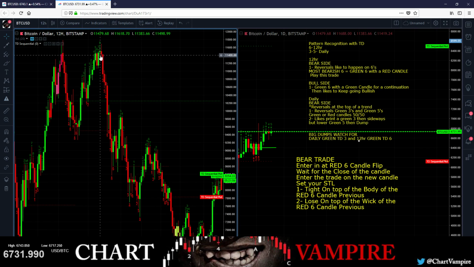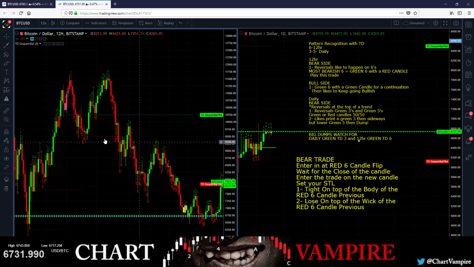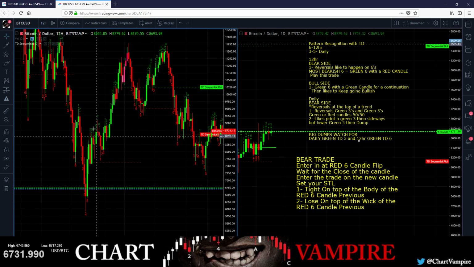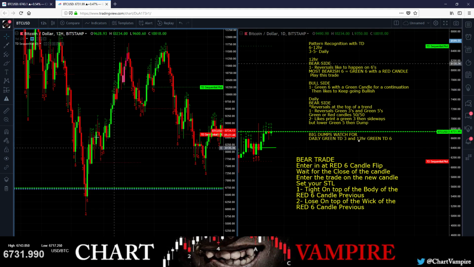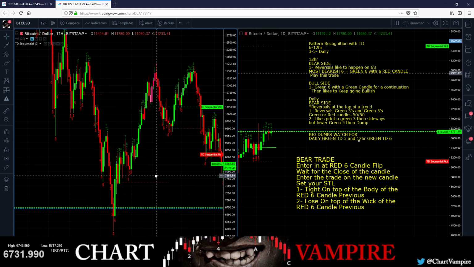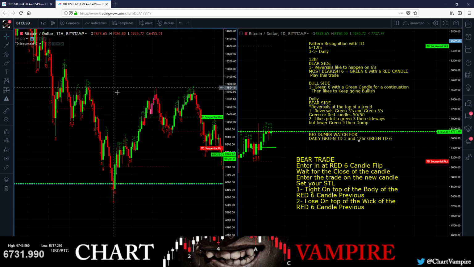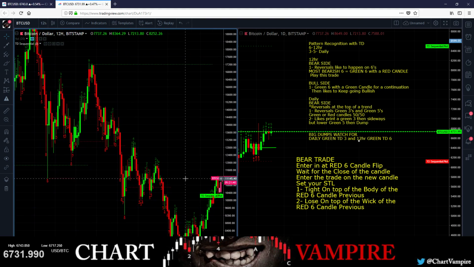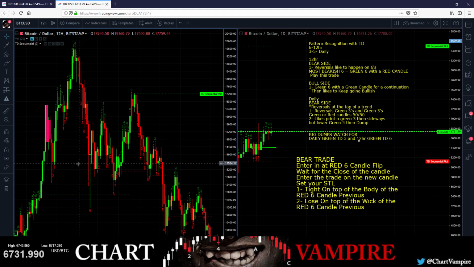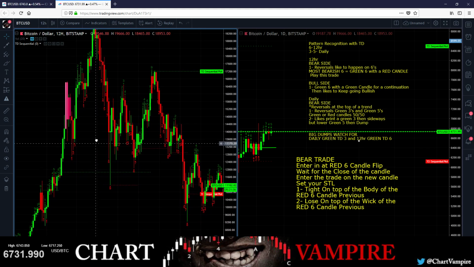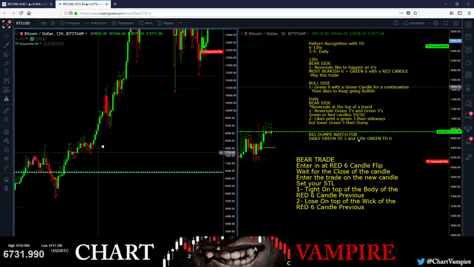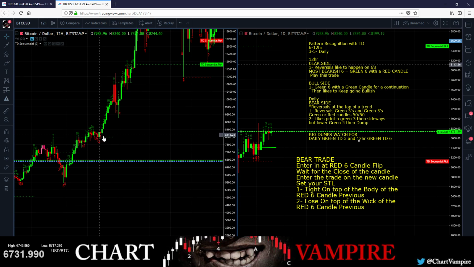Nope. Green 6, kept going. Green 6, reversed. So I would say 70% of the time when this thing prints up a green 6, it keeps going.